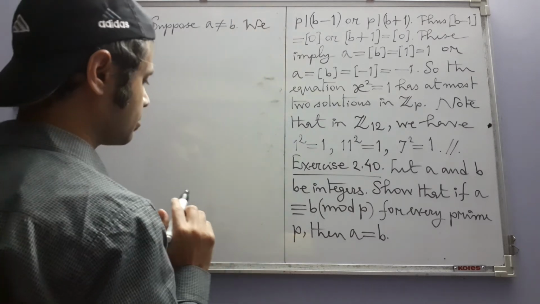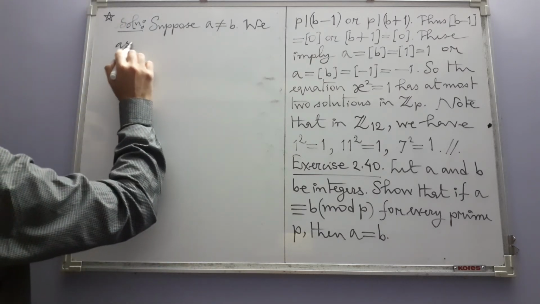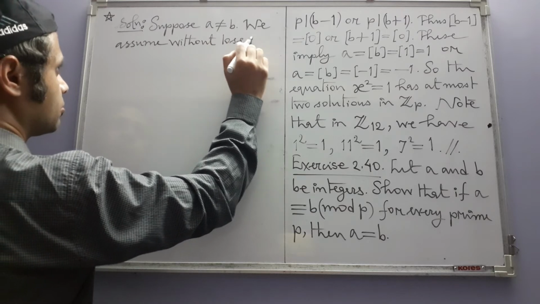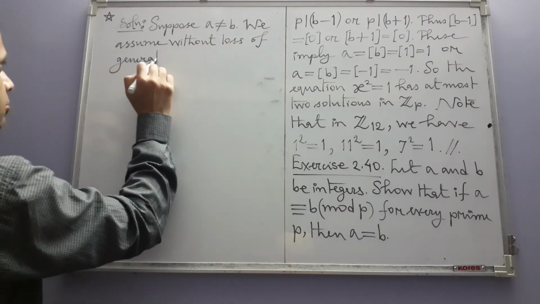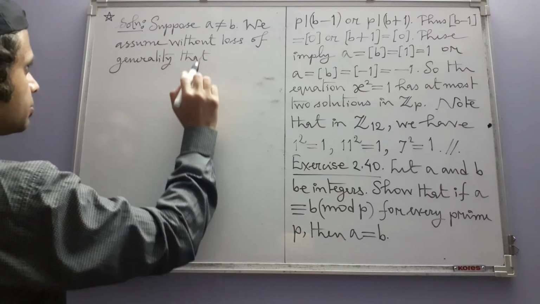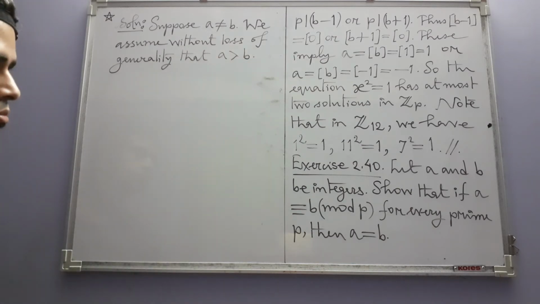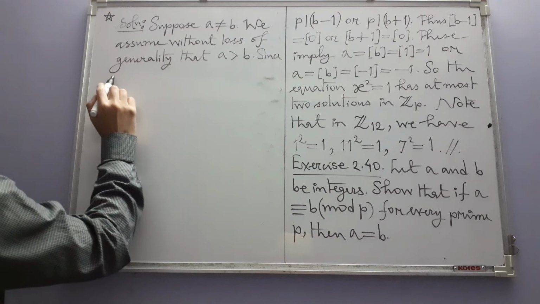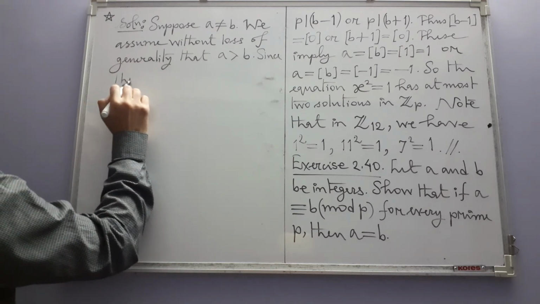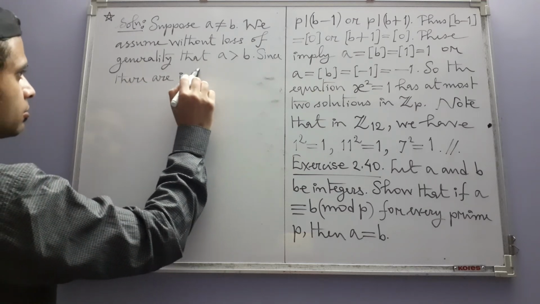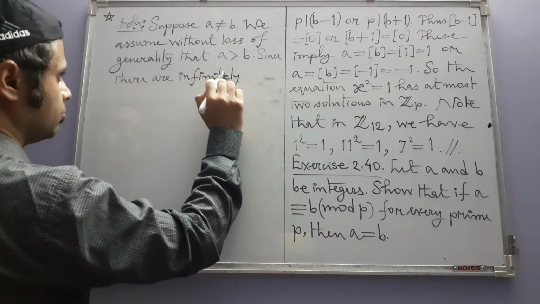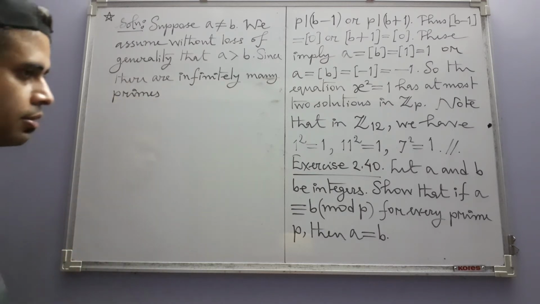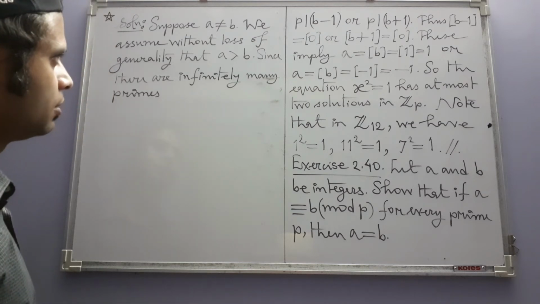That means either A is greater than B or B is greater than A. We assume without loss of generality that A is greater than B. Since there are infinitely many primes, we are using this result of the infinitude of the set of primes here.